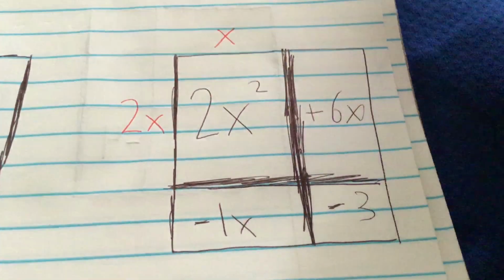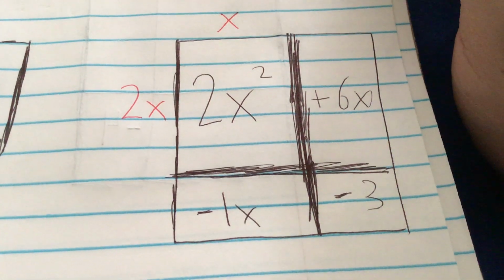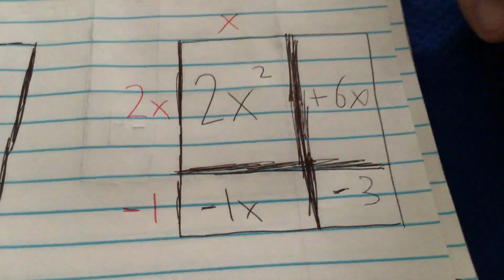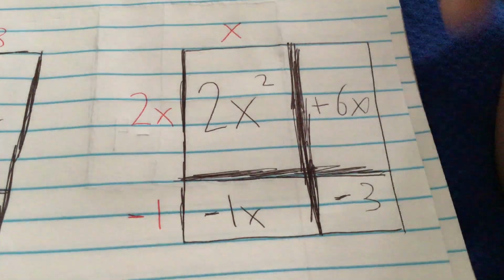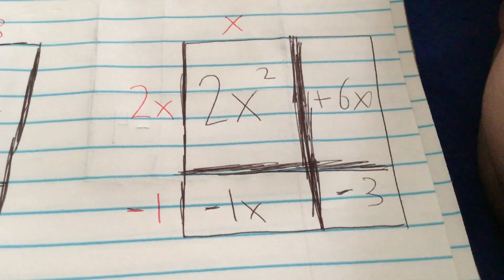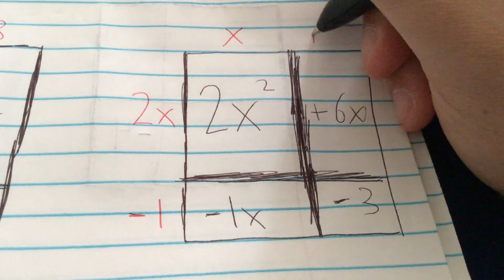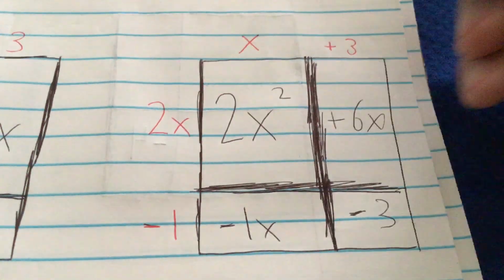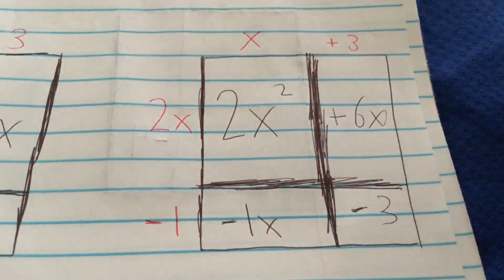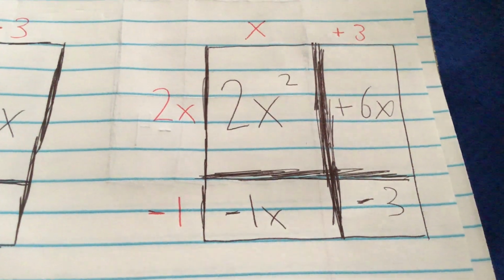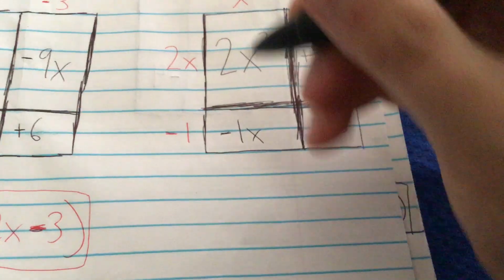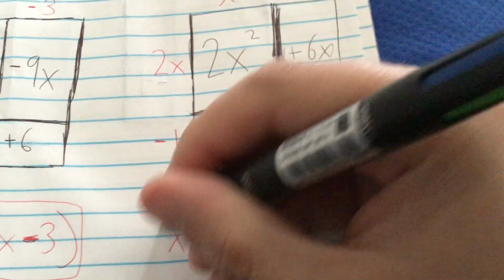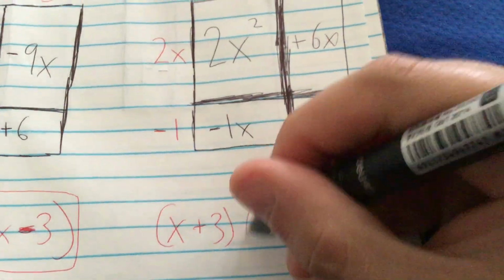X times what is -1x? -1. 2x times what is +6x? +3. Check your work. Is +3 times -1 -3? Yep. So now I can factor this into x plus 3 times 2x minus 1.